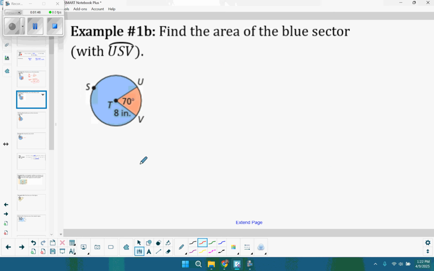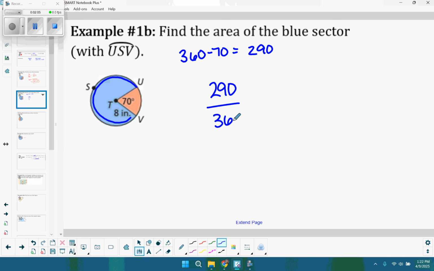For example 1b, it's now asking for the blue sector, or the one with arc USV. They didn't tell us how many degrees this arc is, but if the red one was 70, and this is everything else, 360 minus 70 is really 290. So our degrees are 290 over 360 equals x over pi times r squared, so pi times 8 squared.